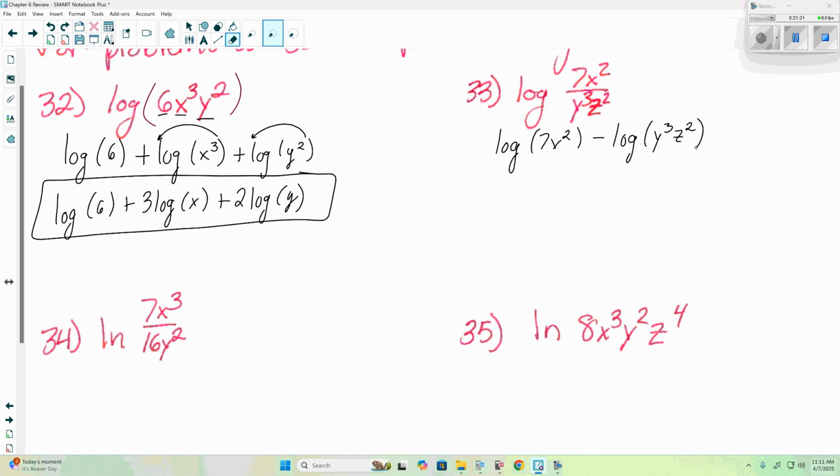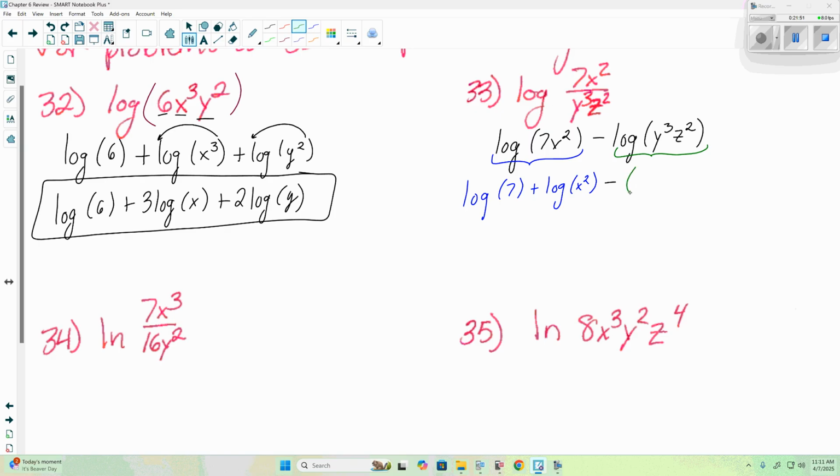So we've done the quotient, we've done our division, yes? Product. Let's look at the first expression first. Log of 7x squared can be rewritten as log of 7 plus log of x squared, minus. Now, our second expression does have a product in it.